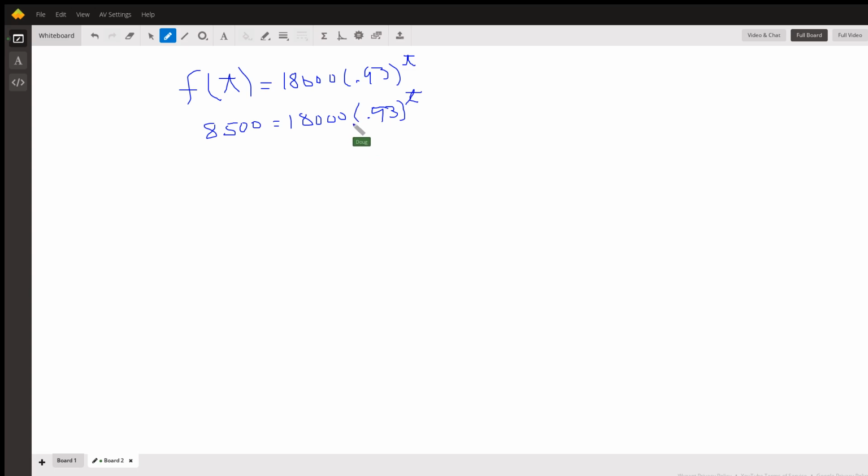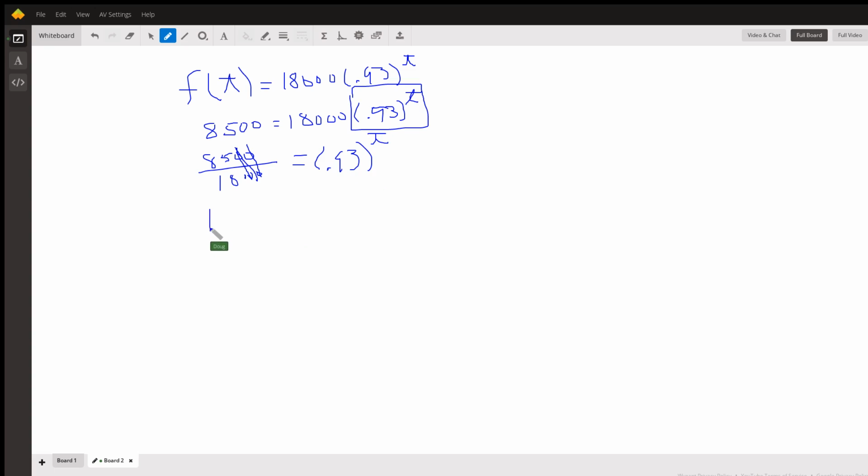I would say let's isolate this factor right here by dividing both sides by 18,000. And of course, 2 of these zeros cancel out. So we've got 85 over 180 equals 0.93 to the t. And here is where you have to use the properties of logarithms to solve for t.